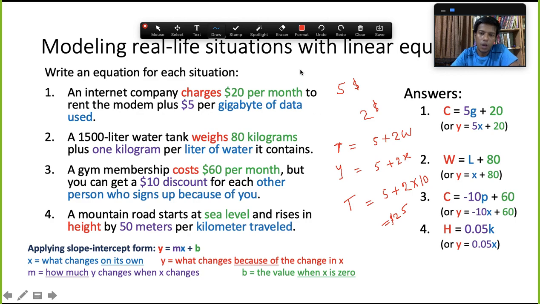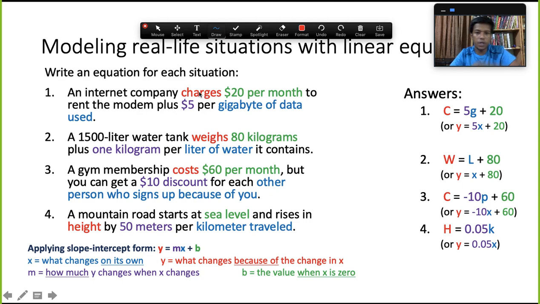All right, so let's look at the examples here. An internet company charges $20 per month to rent the modem plus $5 per gigabyte of data used. That means if you use 1 gigabyte, you have to pay $5.